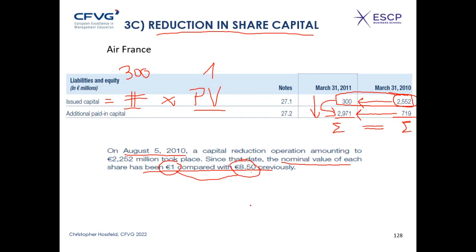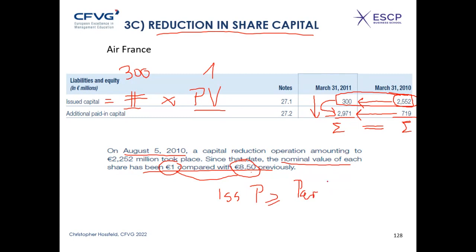So there is a rule in French corporate law. So it's not accounting, it's company law. There's a rule in French company law that the issuing price of new shares has to be higher or equal to the par value of shares.